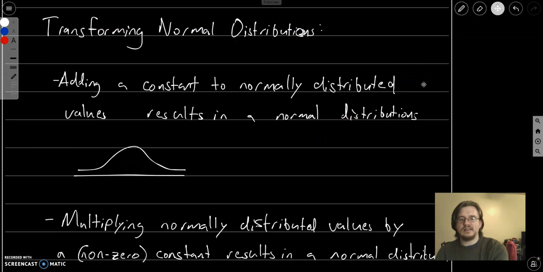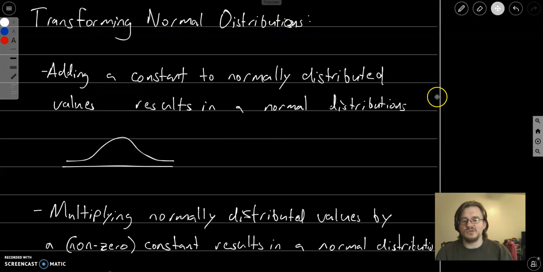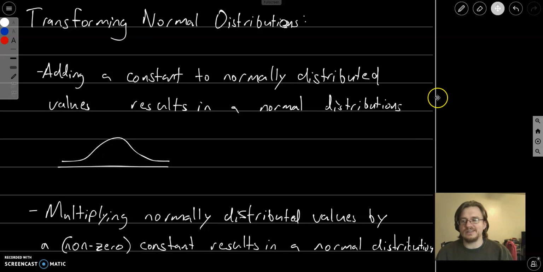The very last thing that we'll look at is transforming normal distributions. So it turns out that there's a few ways to take a normal distribution and change it just a little bit so that it still remains a normal distribution.